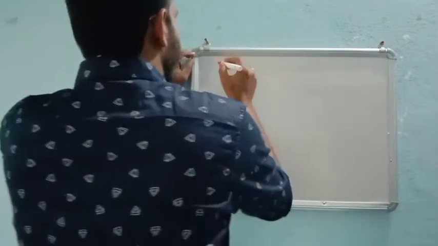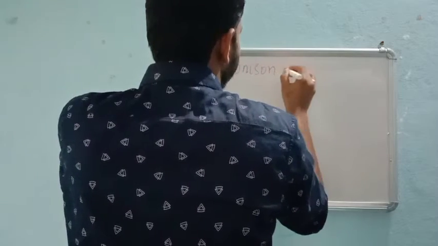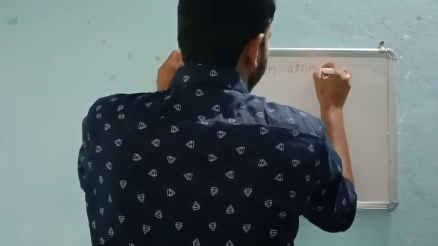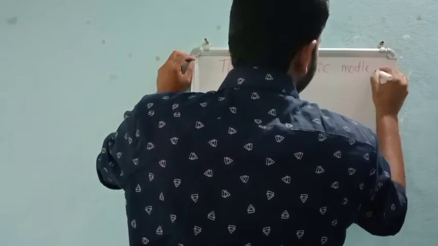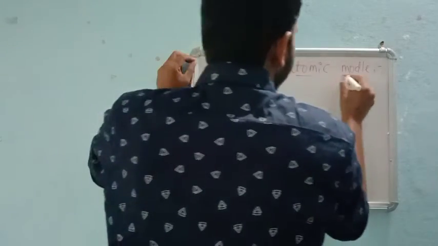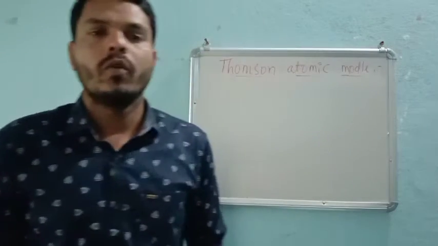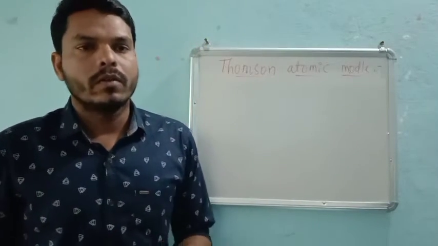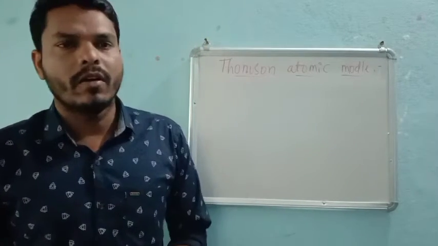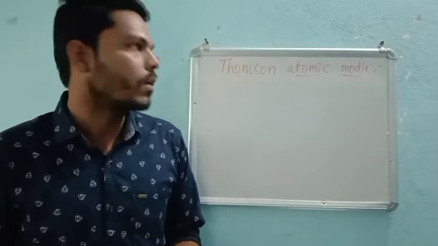So, first, a scientist called Thomson assumed something about the atom, right? He was the first scientist who explained the atom. His theory and concepts are very easy.